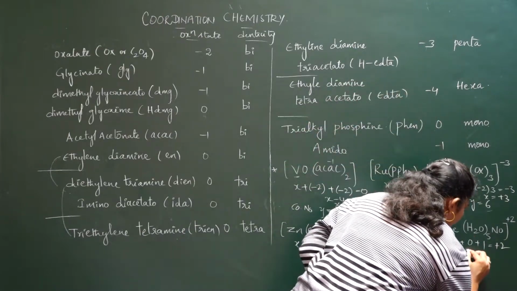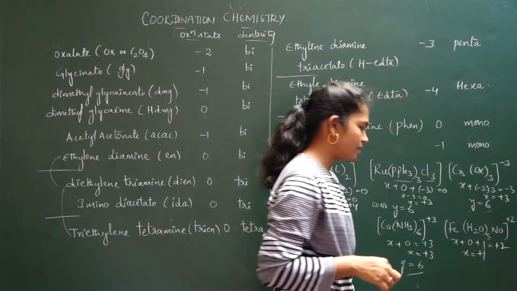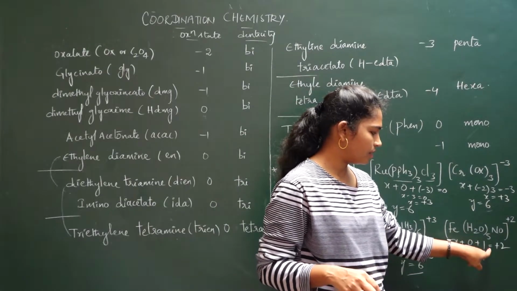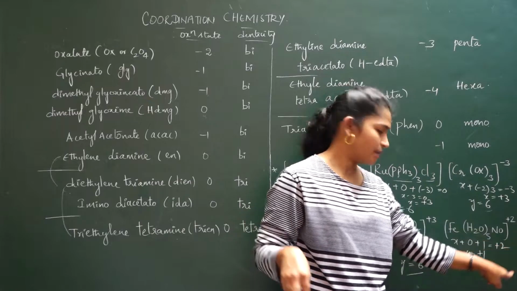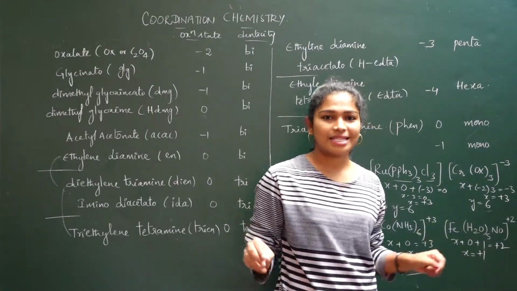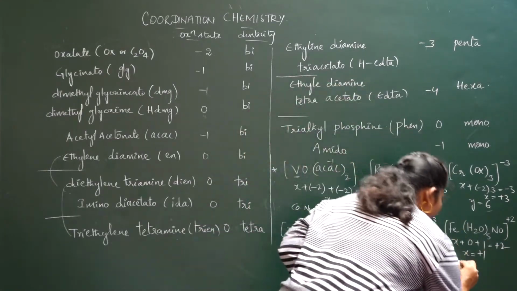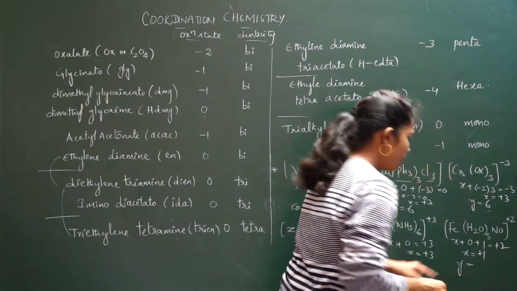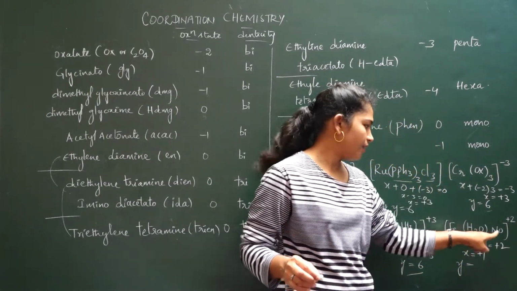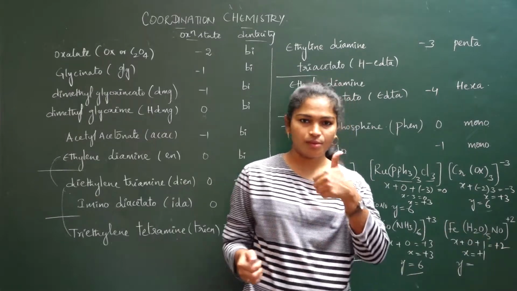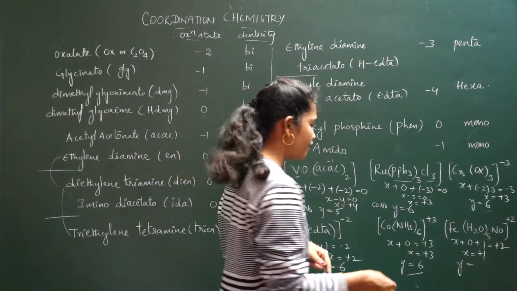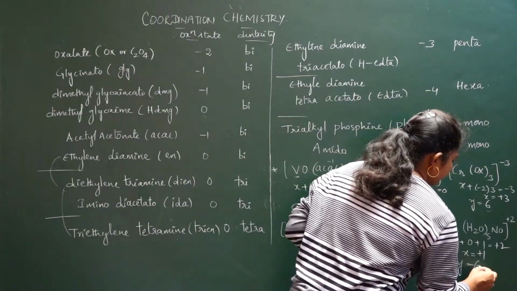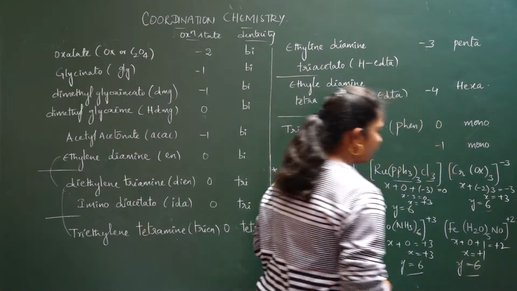Then X is equal to +1, so the oxidation state is +1. Then what is the coordination number here? 5 H2O molecules are there and 1 NO molecule is there. So the coordination number here is 6.